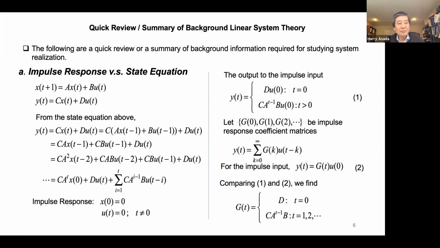Now let's look at the impulse response. What is the impulse response? All initial states are set to 0, and then you make one shot, boom, the input, right? And then the rest of the input is kept at 0. So if you put that input in, y_t can be seen in this way.